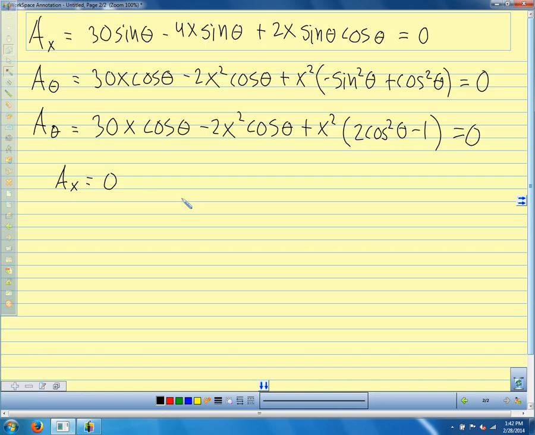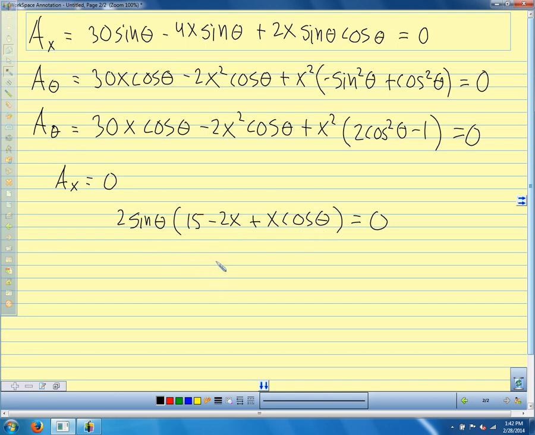So I get 2 sine theta times 15 minus 2x plus x cosine theta equals 0. Well, this first term, 2 sine theta, if that equals 0, then our angle theta is 0. We don't want our angle theta to be 0. So we want this piece equal to 0.